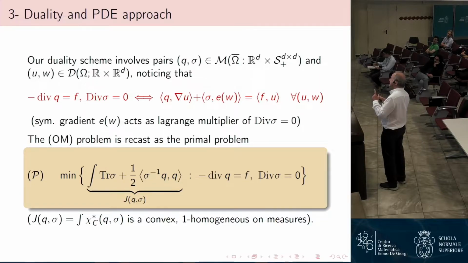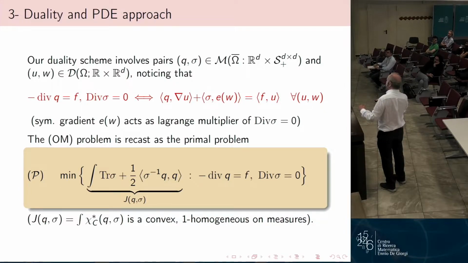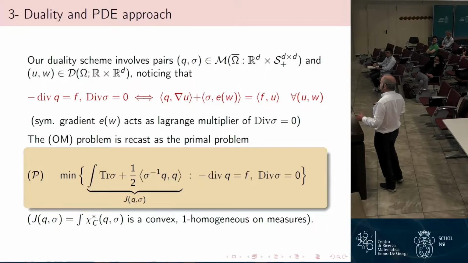The divergence-free condition is only on the interior of omega. So by duality, W is 0 on the boundary. Okay, so you have this relation, and now you have a primal problem, which is not completely obvious because here you have a convex functional with respect to Q and sigma.